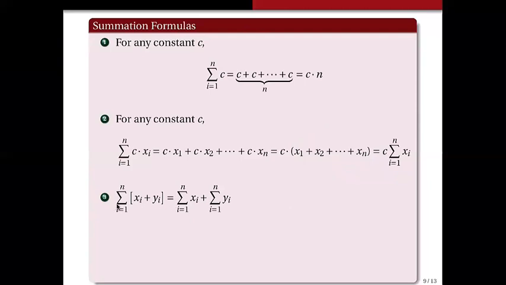For this formula, suppose you have two expressions, both with i. So you have x sub i and then y sub i. The summation of x sub i plus y sub i, i from 1 up to n, is the same as the summation of x sub i, i from 1 up to n, plus the summation of y sub i, i from 1 up to n.